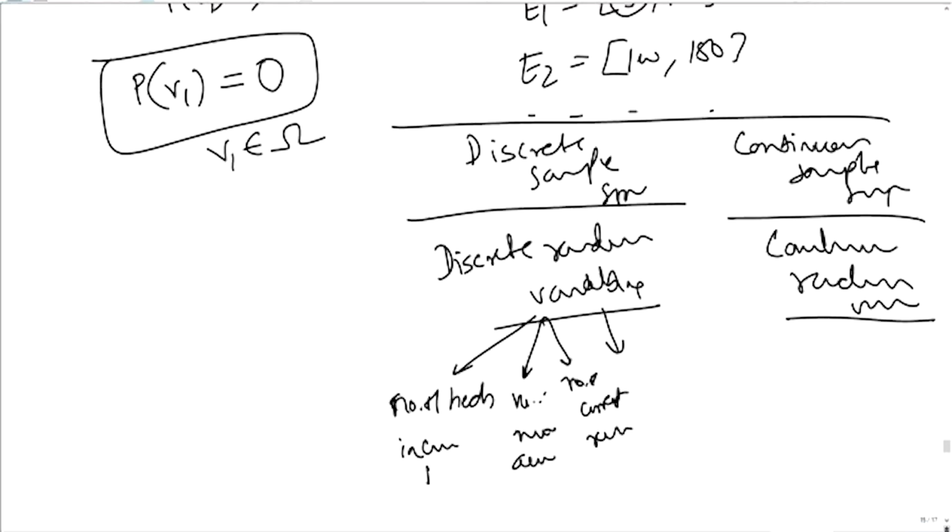For example, this can be given by a binomial random variable, this by a Poisson random variable, and this by a binomial random variable.